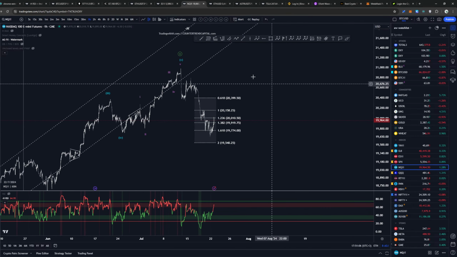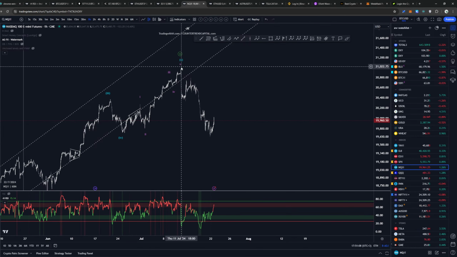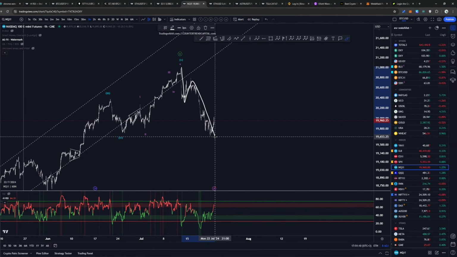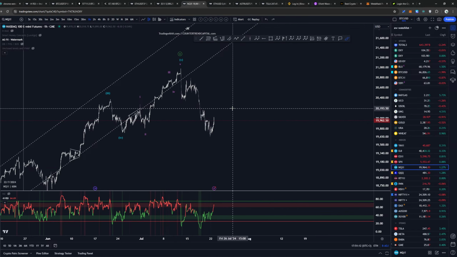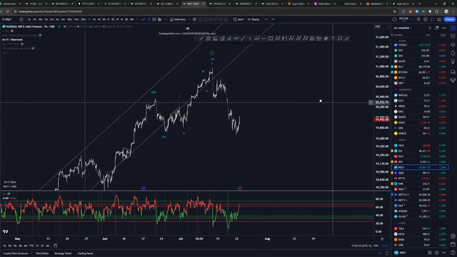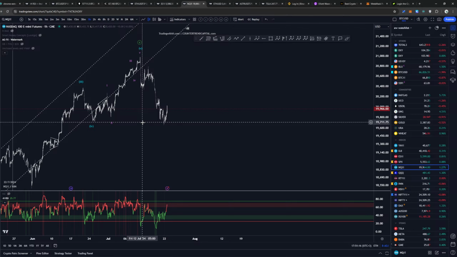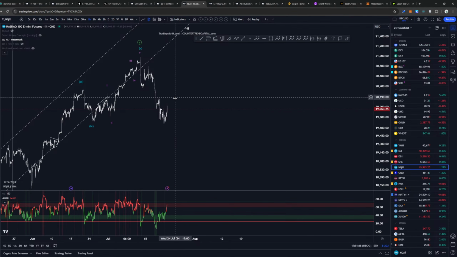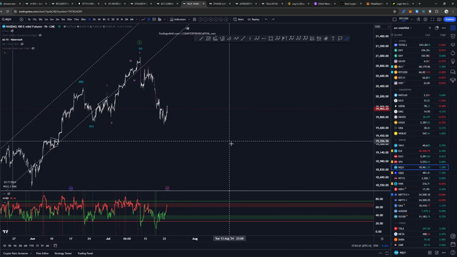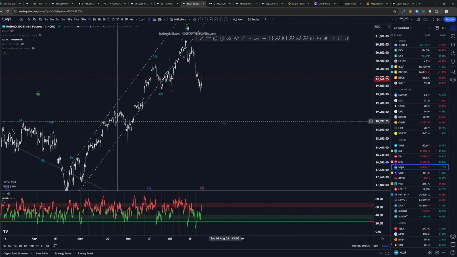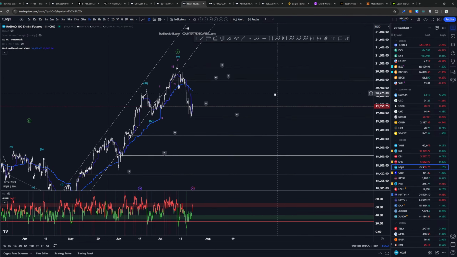Doesn't really matter at this point, but again, it definitely can still be a 3-wave structure like this. It actually looks pretty decent as is, but so far it still has a chance to go upside or more upside.